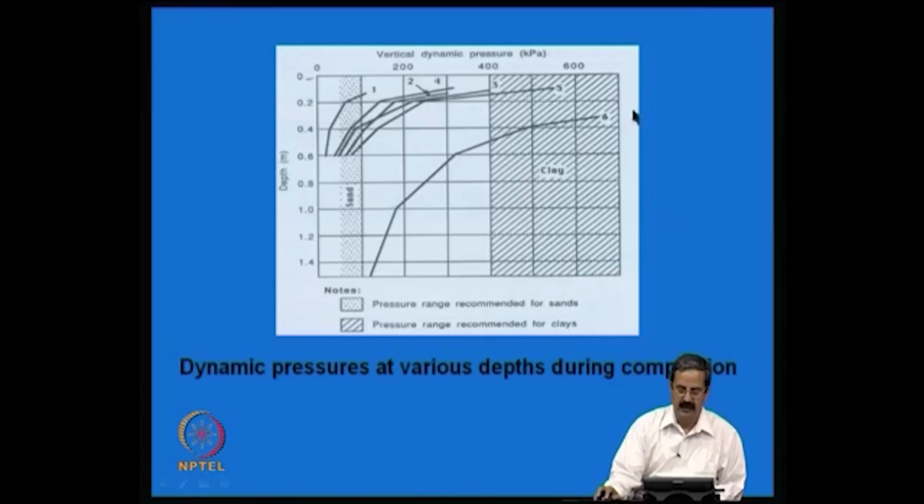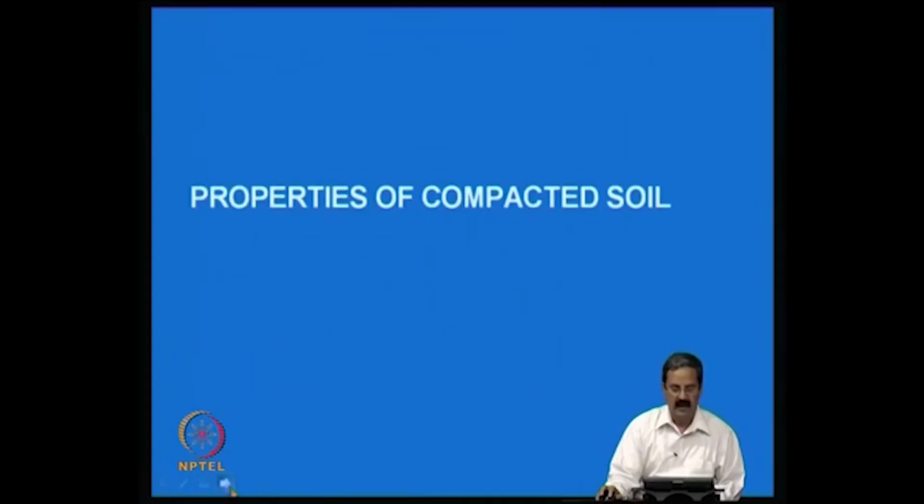This is an important point, because if you choose equipment that can only give low energy inputs, it may not be very useful. In the case of sands, simple equipment with low energy inputs can be chosen, whereas in the case of clays you need higher energy inputs, which is a useful consideration here.